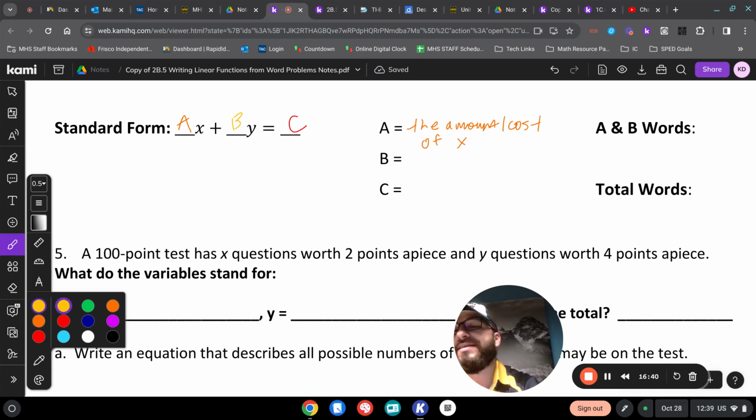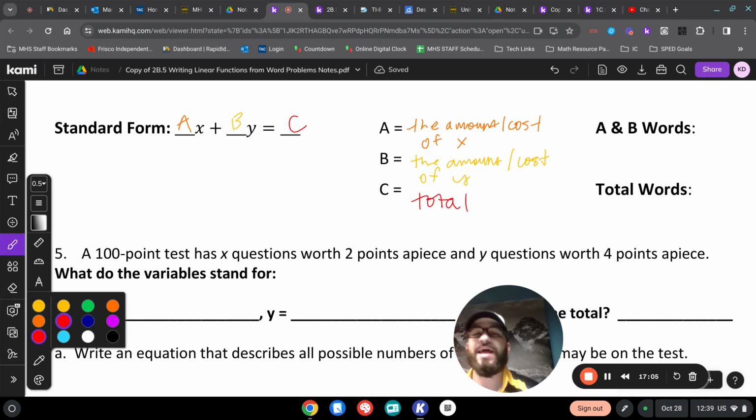And then B is the exact same thing, but for my variable y. So whatever it is for A, it's associated with x. Whatever it is for B, it's associated with the variable for y. And then my C always represents a total.